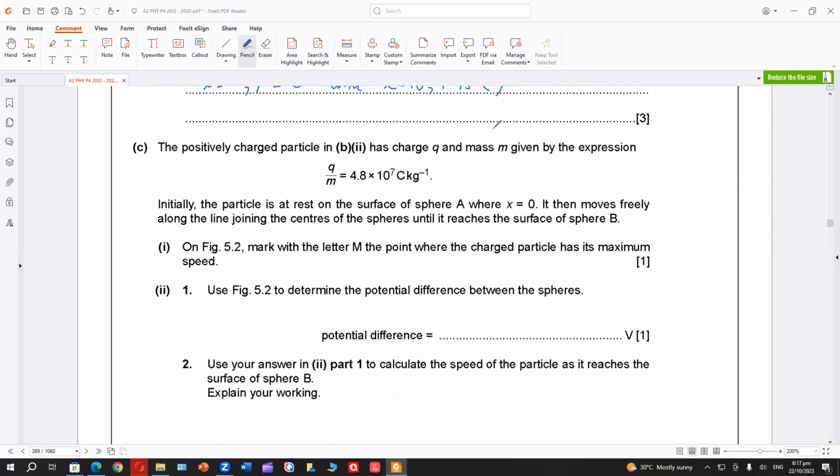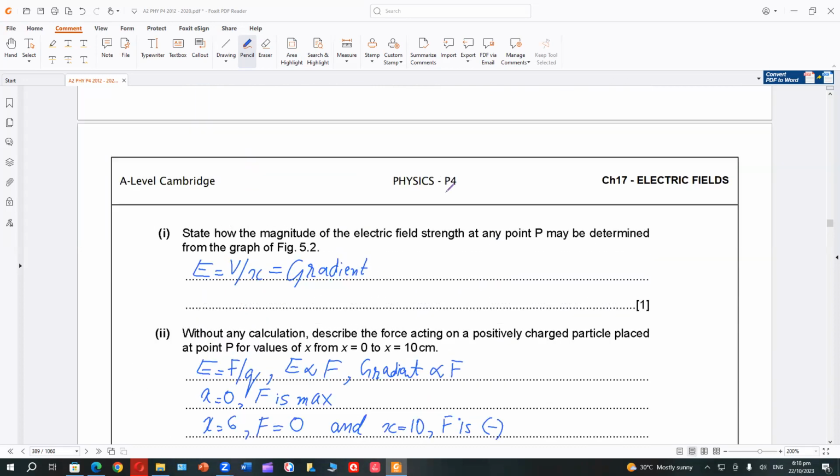Initially the particle is at rest on the surface of sphere A, where x is equal to 0. It then moves freely along the line joining the centers of the spheres until it reaches the surface of B. Mark with the letter M the point where the charged particle has its maximum speed.